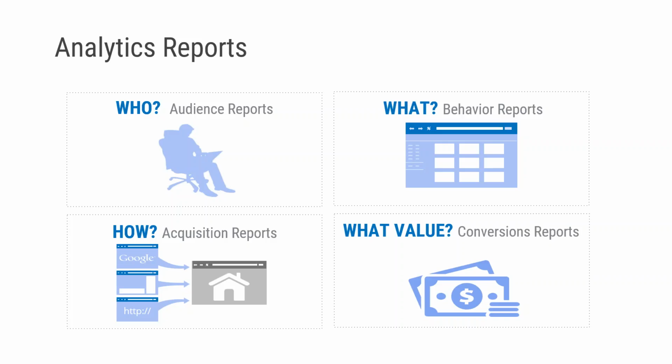Third one is how, which is the acquisition report. How do they come to your website? Which sources do they use to come to your website? And the last one is the conversion report, which says what value they generate when they visit your website. If you keep these 4 categories in mind, you'll be able to navigate through the different reports in the interface easily.